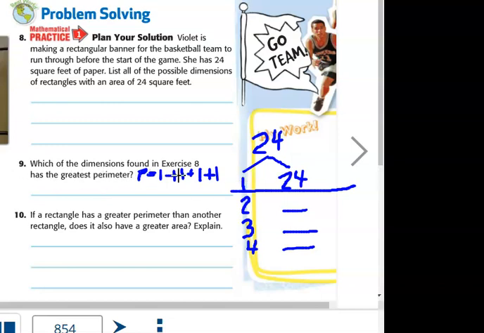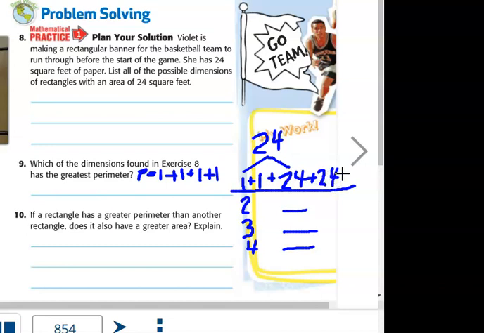So if I were doing length plus length plus length plus length, I know that on a rectangle there are two sides the same. So I'm going to have one side that has a length of 1 and another side that has a length of 1. I have one side that has a length of 24, and the opposite side will also have a length of 24.